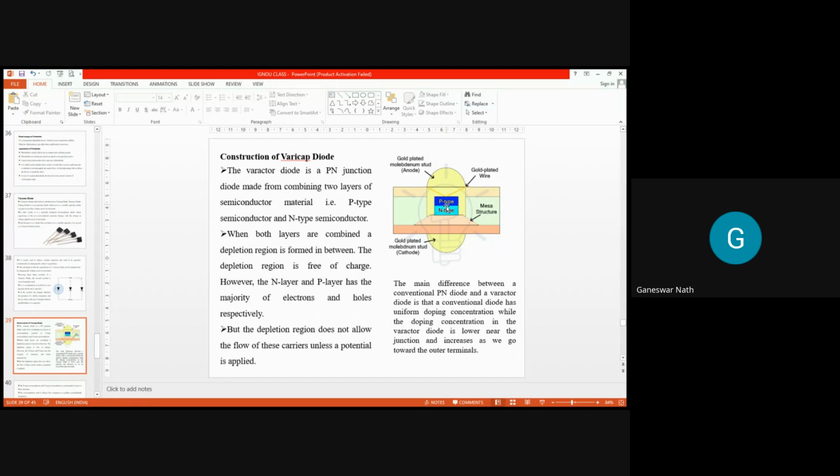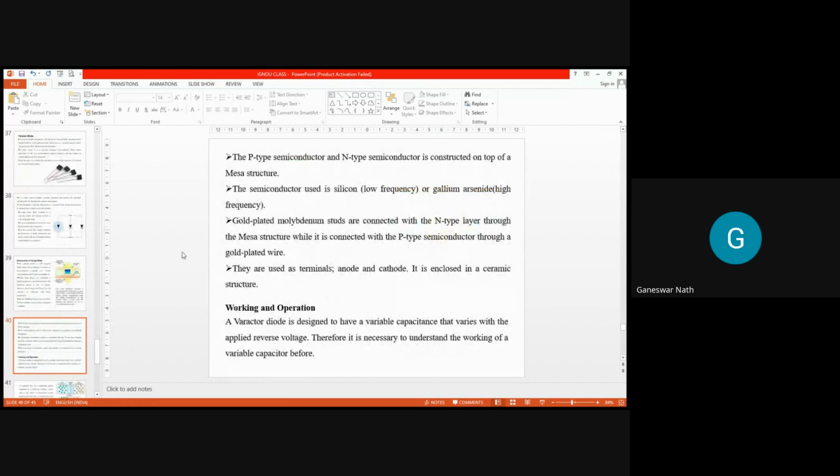That means the doping concentration goes on increasing from the junction region to the outer region, and that is why it plays the role of a variable capacitor.